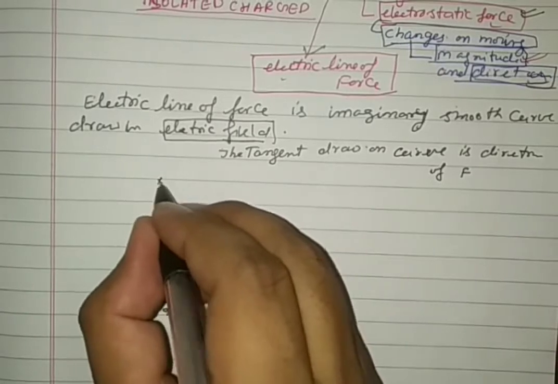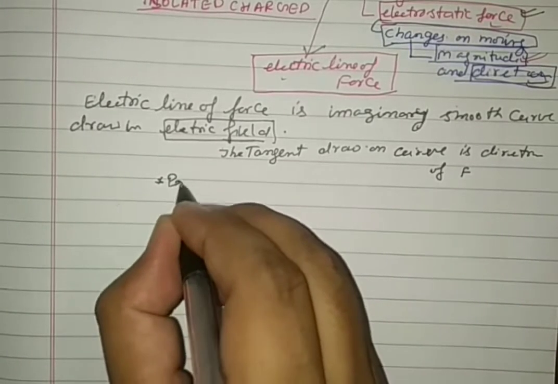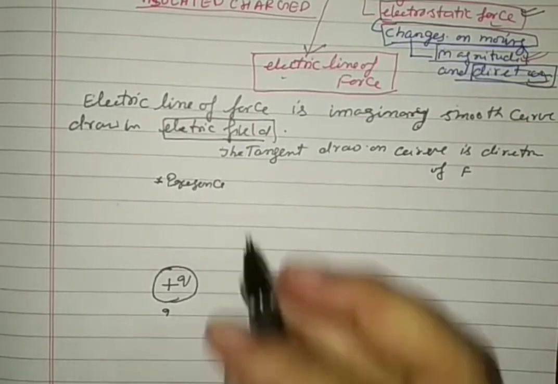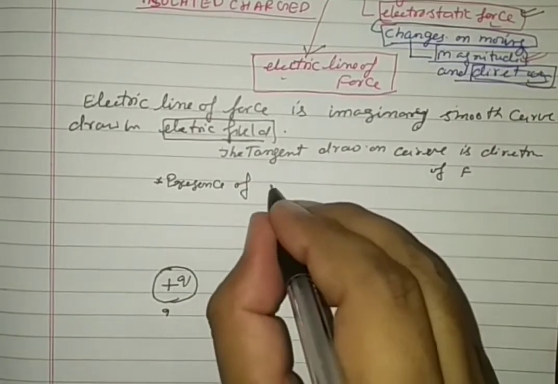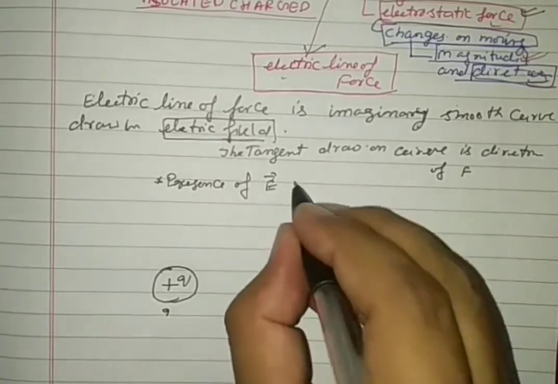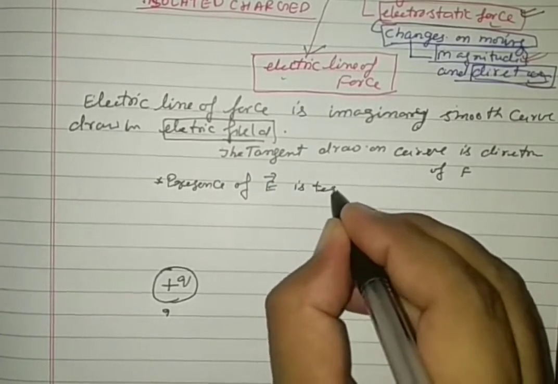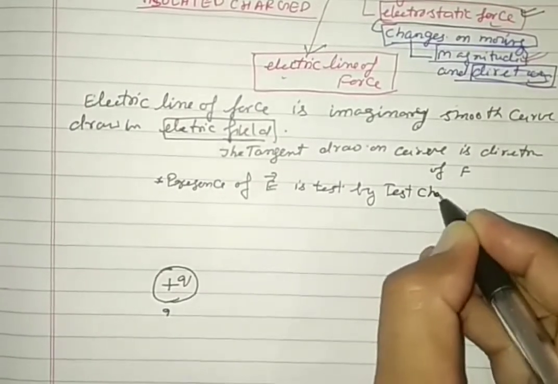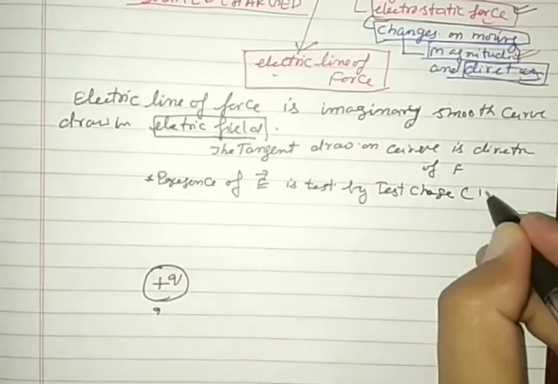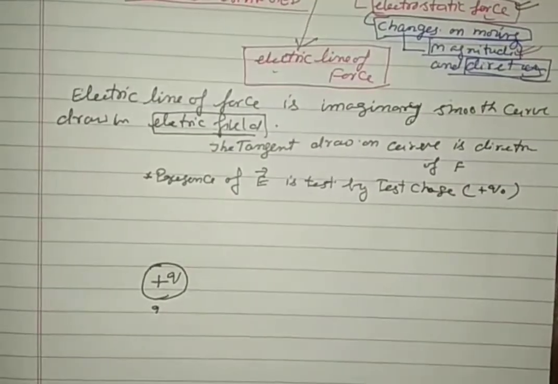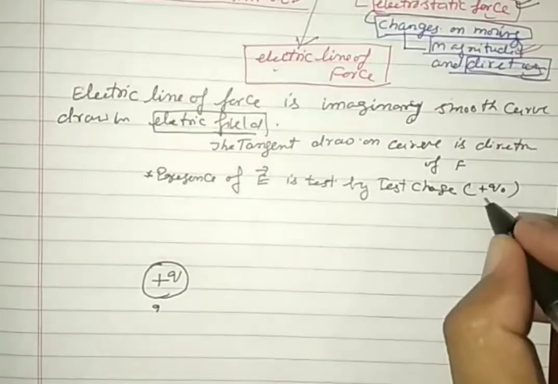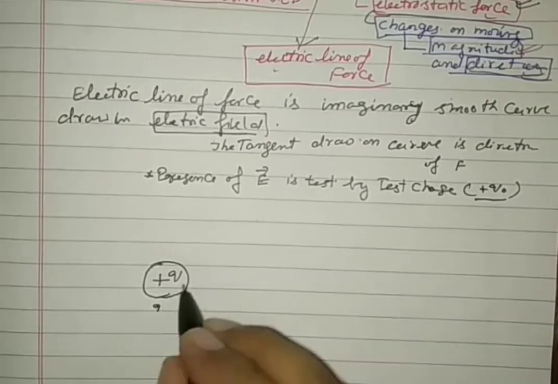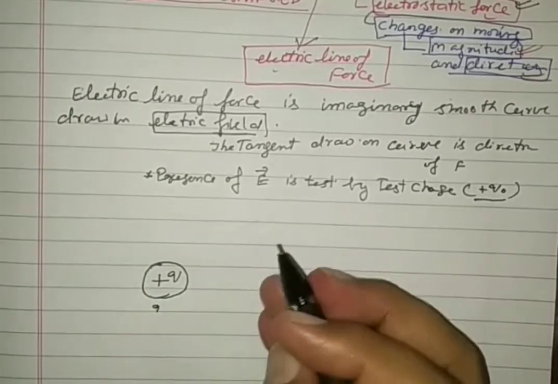One more thing, this is very important: the presence of an electric field is tested by a test charge. What is the test charge? A small positive test charge Q0. The concept of it is given in electric field intensity. So when the test charge is kept here, it moves away.